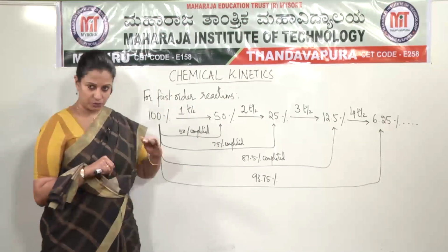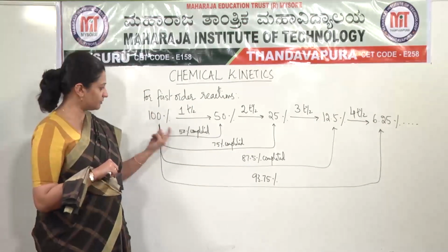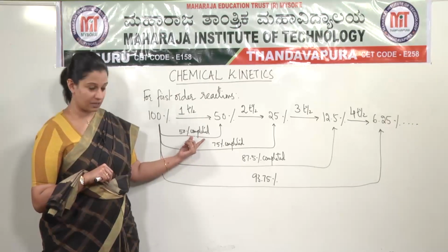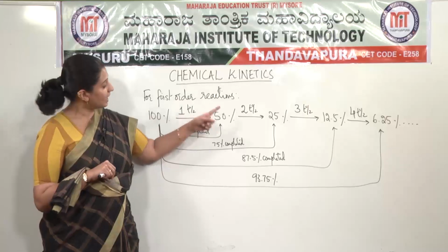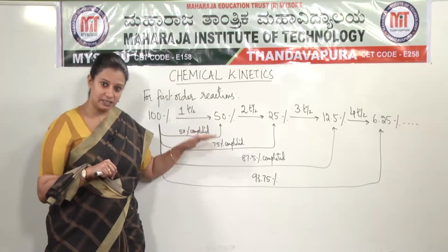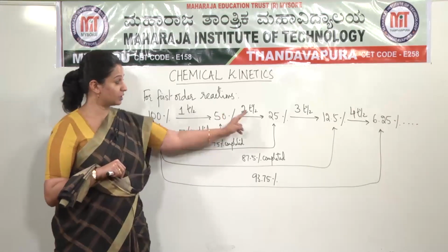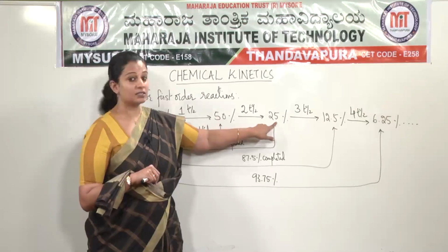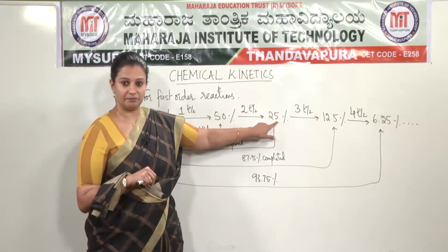So, one easy way to do problems is this. For 50% of the reaction to be complete, remember, 50% of the reaction will be completed in one half-life period and the amount left will be 50%. Whereas, if you want the reaction to be 75% completed, then it will require 2 t halves, 2 half-life periods, and 2 half-life periods will result in 25% of the reactant left behind.